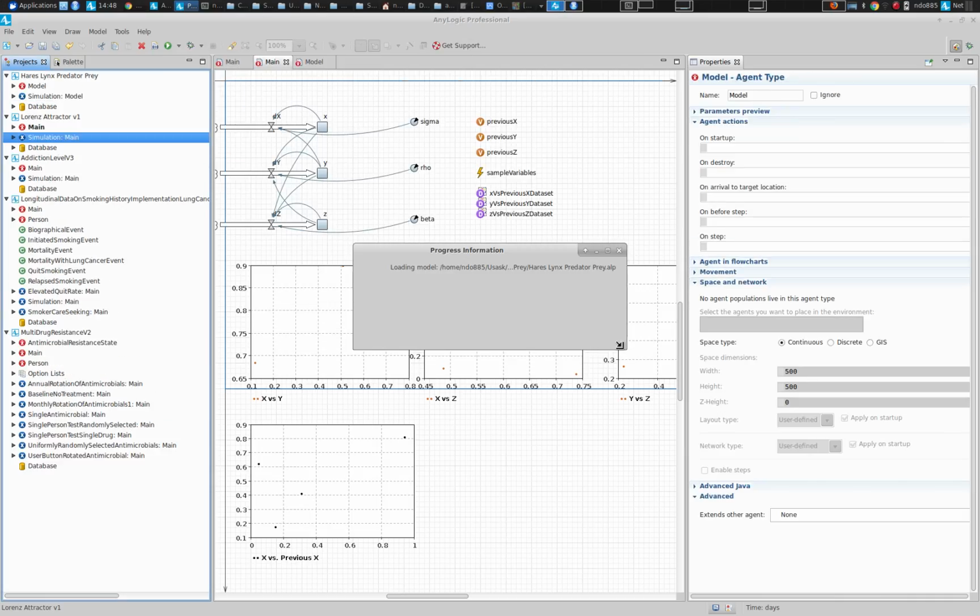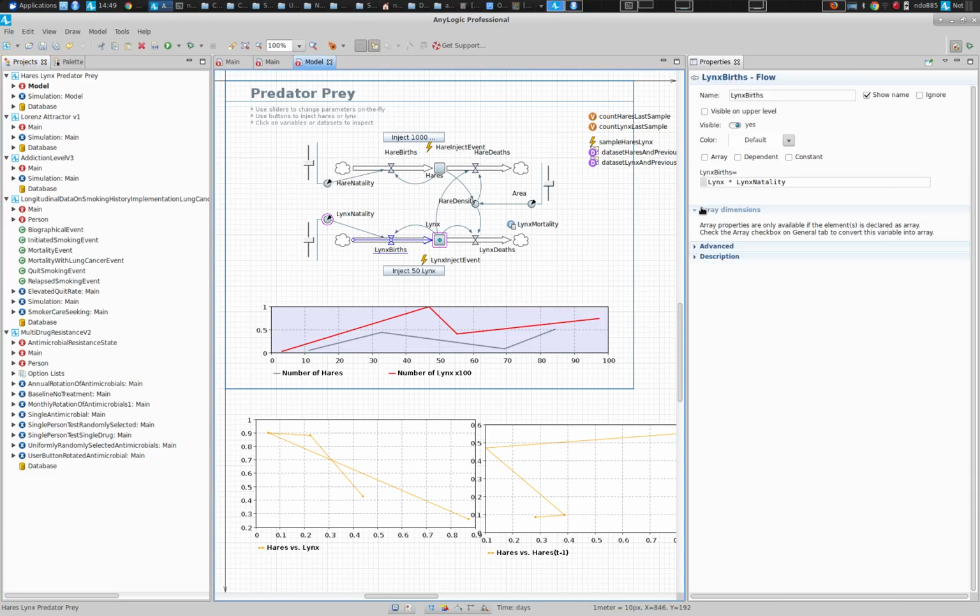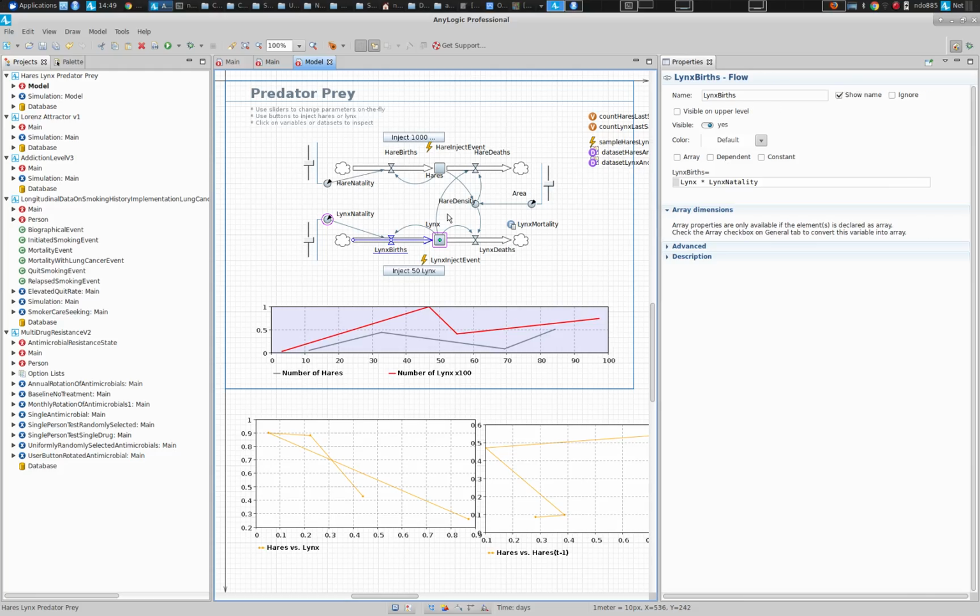It's a classic model, and one that you may recognize from other sources. Here we have a number of hares and a number of lynx, and we're going to have lynx births and lynx deaths, hare deaths, and hare births. Lynx births are determined by a couple of things, lynx and lynx natality, okay?